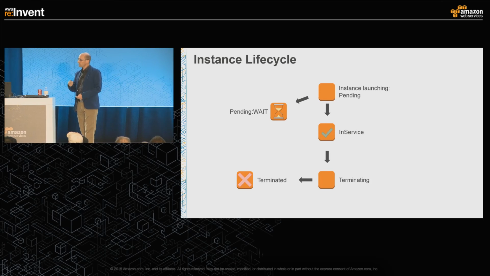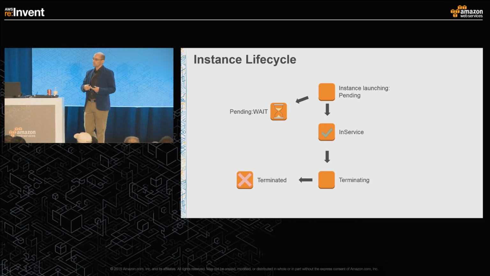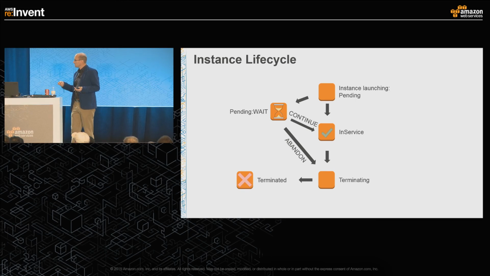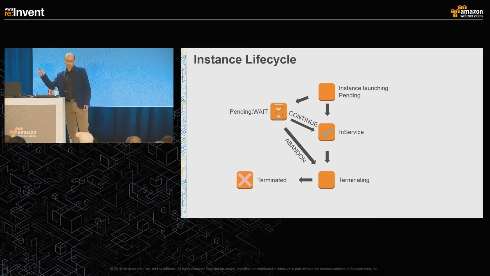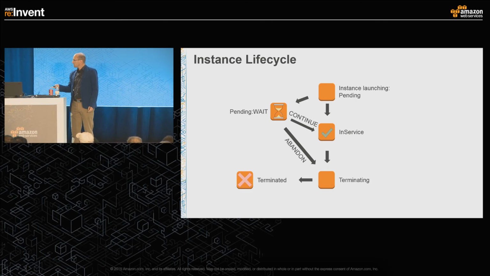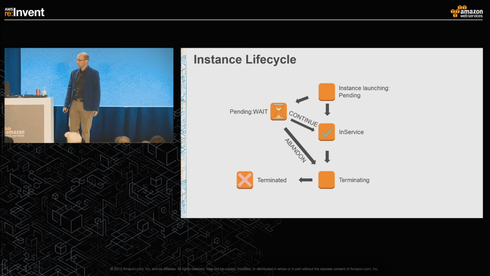But basically, you have a lot of time to actually do something to the instance, like install software, assign EIPs, attach EBS volumes from a snapshot, for example, if you want to distribute files that way. And then once you feel that you're done, you tell autoscaling either to continue, then the instance will go in service, will register with the ELB and so on, or you can tell it to abandon the lifecycle hook, and then it will go into terminating right away, if anything goes wrong.